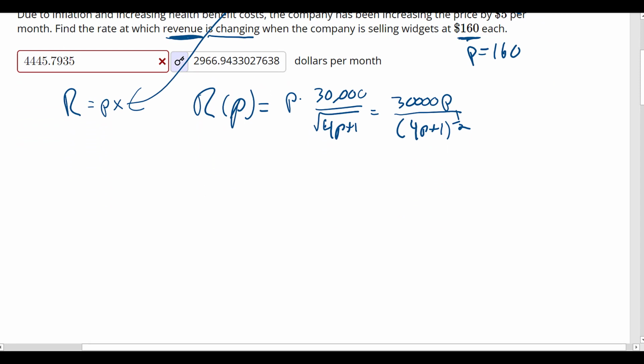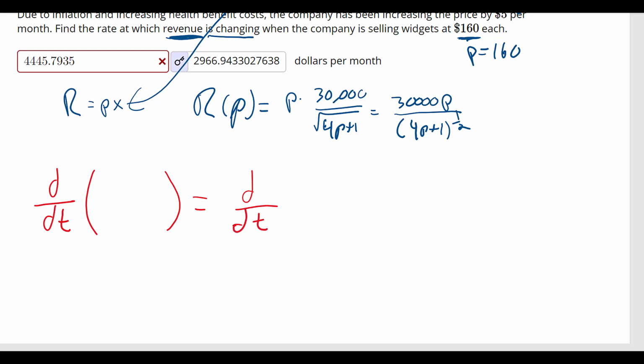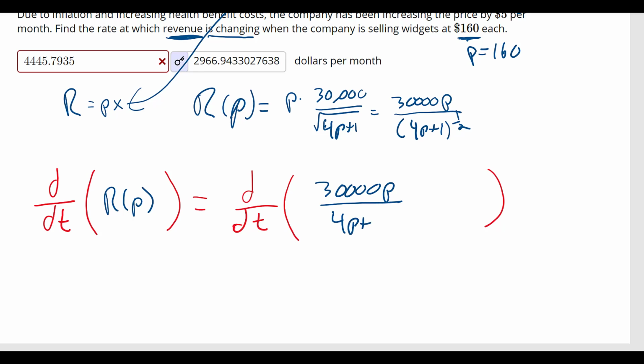I do. So we're going to take the derivative with respect to t of our r of p, since this is talking about how it changes with respect to time, equals derivative with respect to t of 30,000 p over 4p plus 1 to the 1/2.